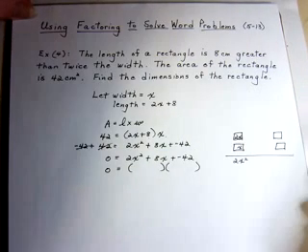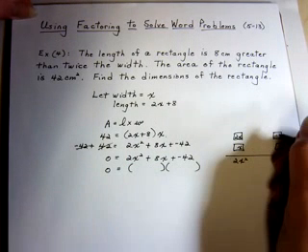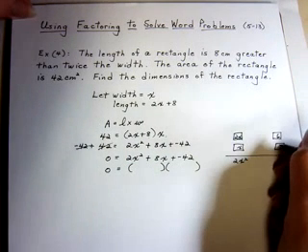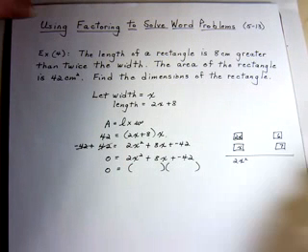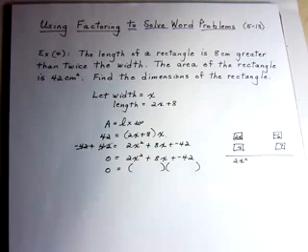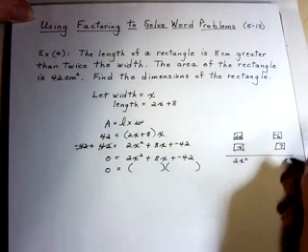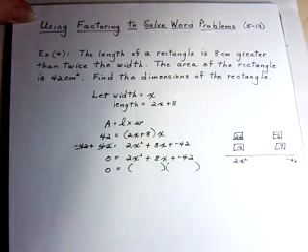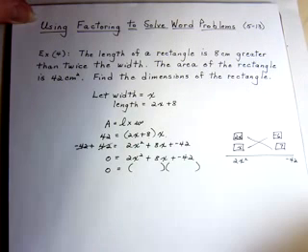So factors of 42, I think we're going to go with 6 and 7. One of them has to be negative. All right, so we're going to make the 6 negative, and we'll try that first. Negative 6 times 7 is negative 42. Now let's see if we have the cross products that we need.